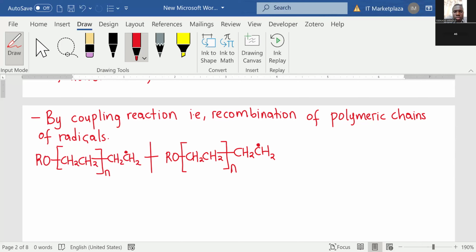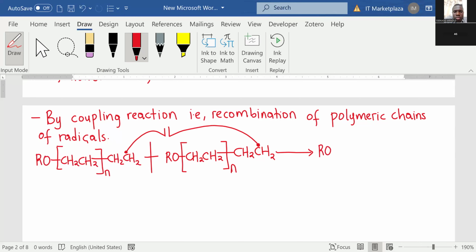So we are combining those two. So what do we get? This is coupling. We are putting them together. So in simple terms, to put these together, I am bringing this so that it joins with that. Therefore, we have R.